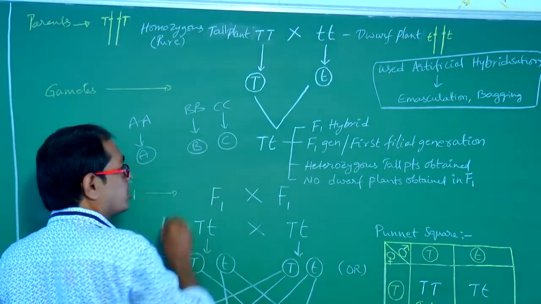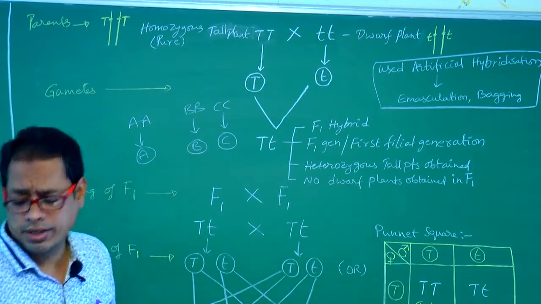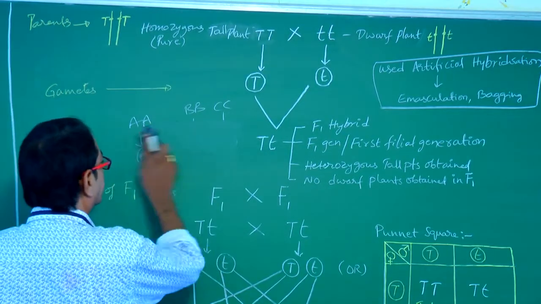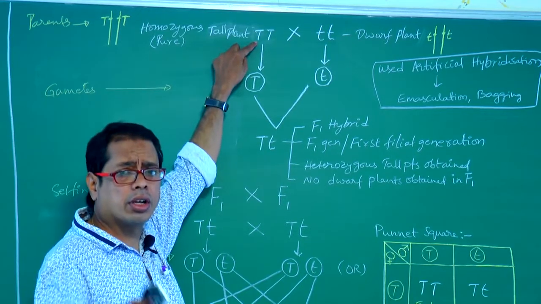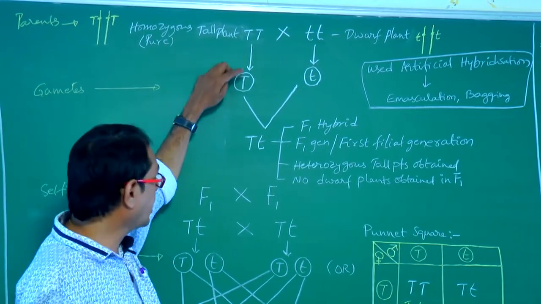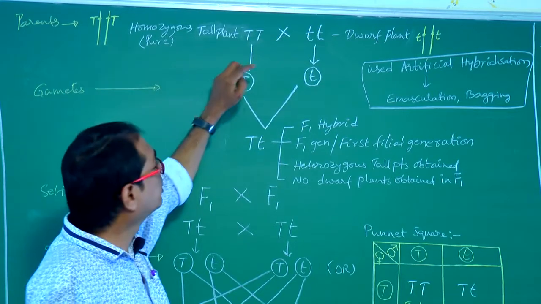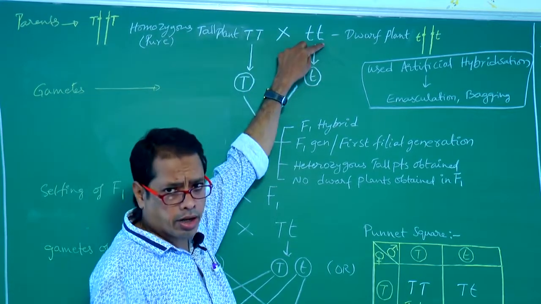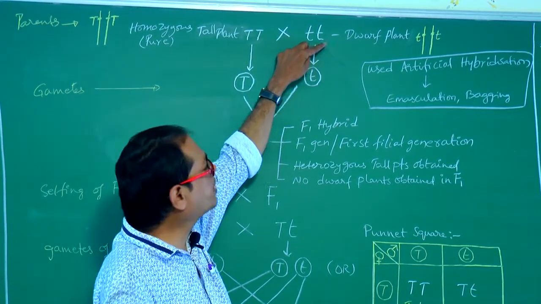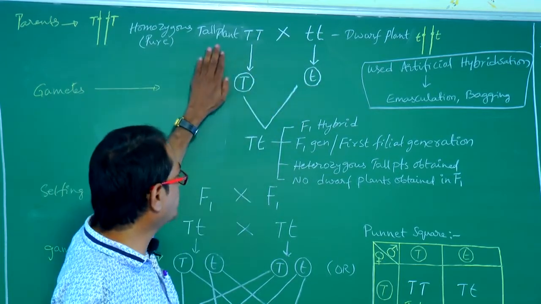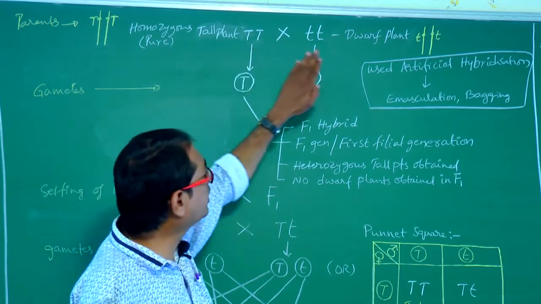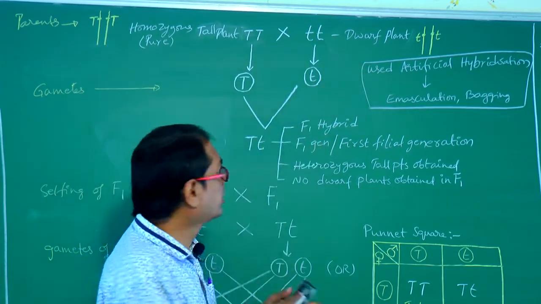Capital C. Like that you have to write. So the parent capital T produces one type of gamete, capital T. Small t parent produces one type of gamete, small t.